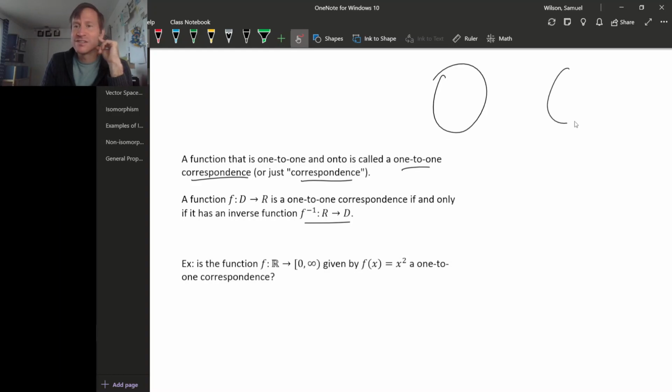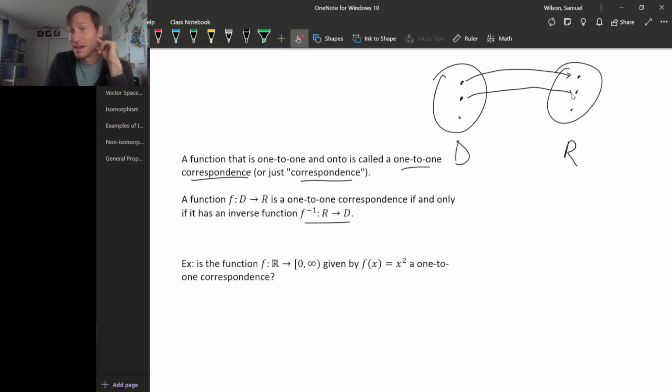So this isn't hard to see. I won't prove it in detail, but this isn't hard to see why this has to be true. If you have a function that's one-to-one, right, that means none of these arrows can go to the same place. But if it's also onto, that means they hit everything in the range. Well, then you can define the inverse just by turning all the arrows around, right?